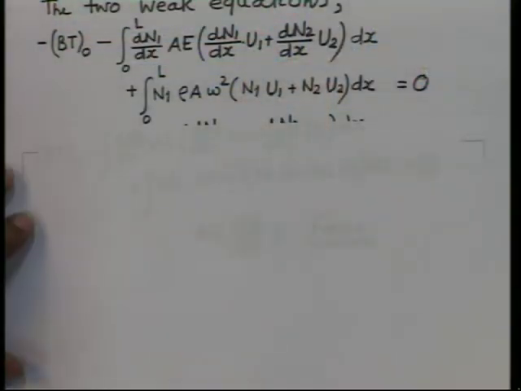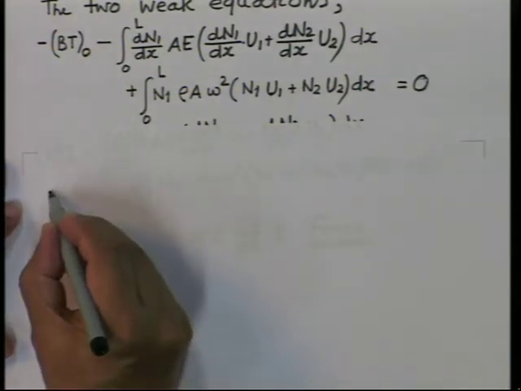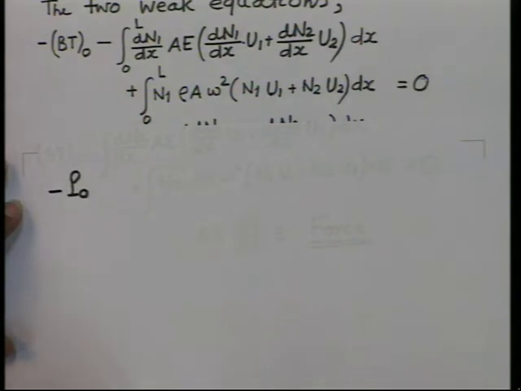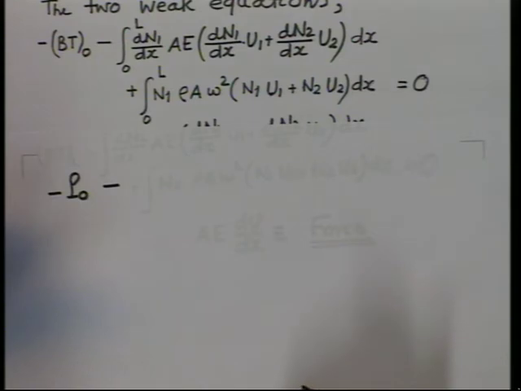So, let us do it further. The first equation we can write as P 0 minus, now keeping inside the integral as before, the quantities which are independent of x outside the integral.